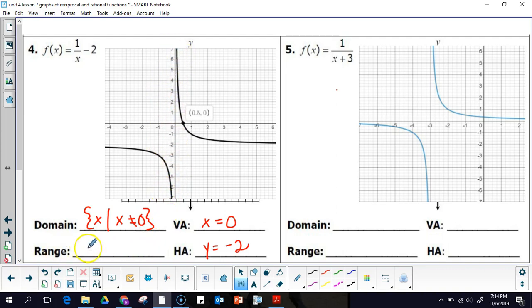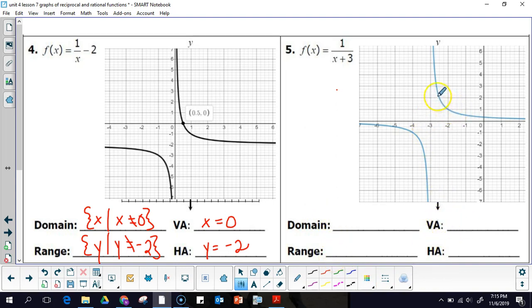And the range is going to be all real numbers y such that y does not equal -2. So these are pretty easy. Find the vertical and horizontal asymptotes first, and then you've got your domain and range from there. All right, so let's look for the vertical asymptote on this one.